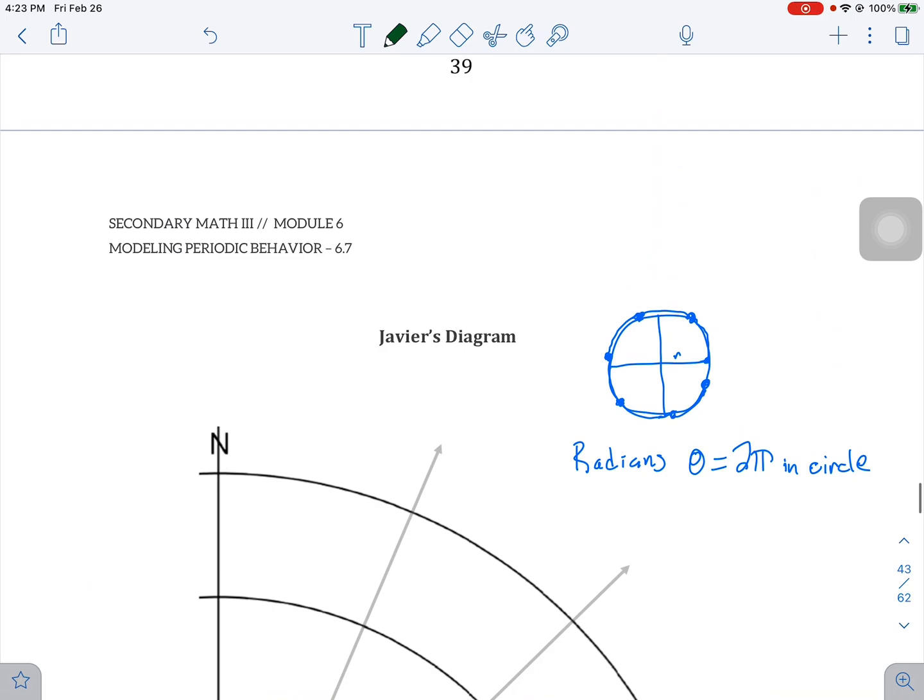First thing, let's review in terms of the radians. So looking at this, if this is your starting point, you've got 1 radius, 2 radius, 3, 4, 5, 6. You can see it's a little bit more than 6 radius around. In fact, there are 2 pi radians in a circle.